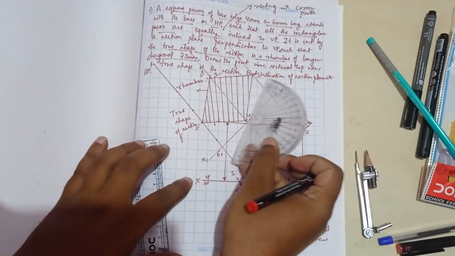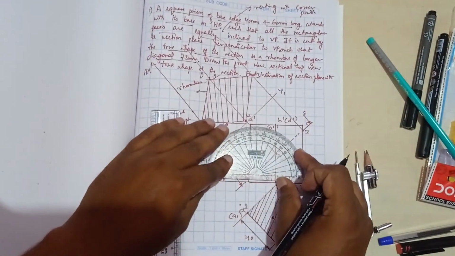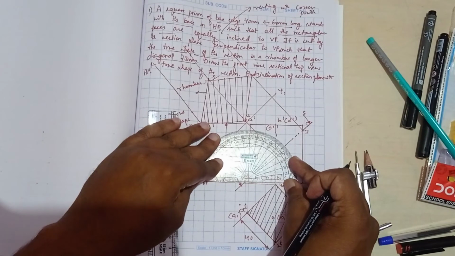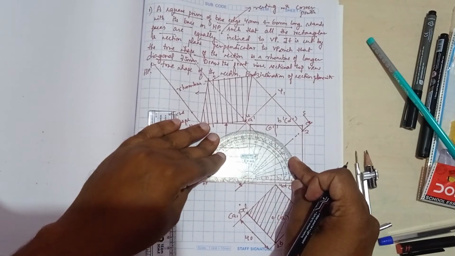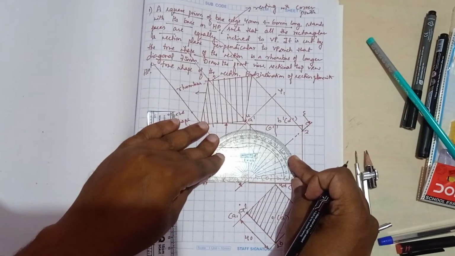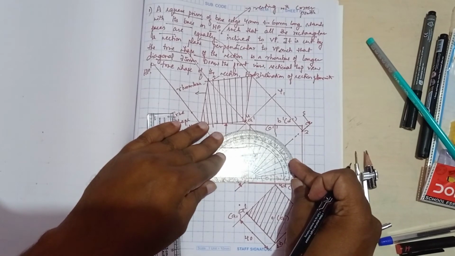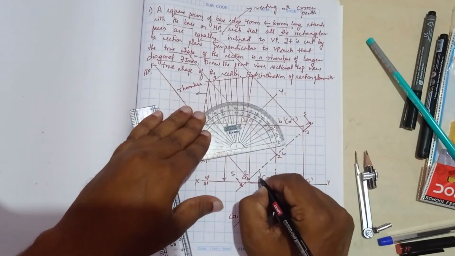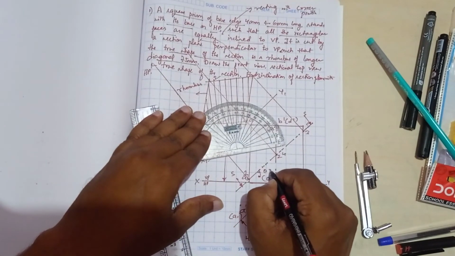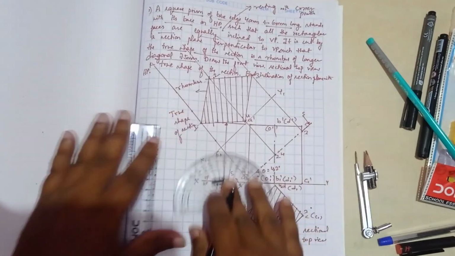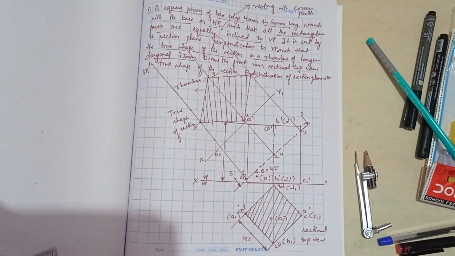You can see here they have asked to find the inclination of the section plane with HP. That thing we have to find out. The angle we get here, theta, is around 42 degrees. So this completes the problem.